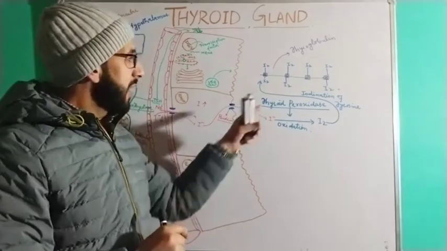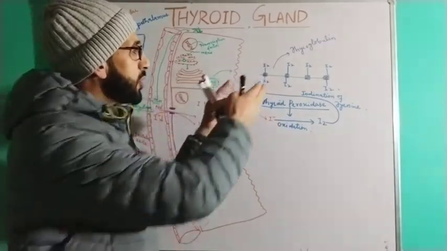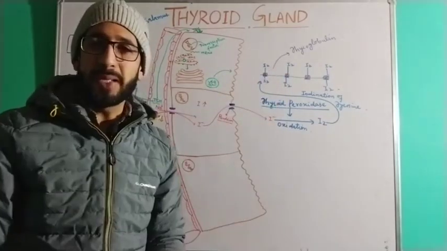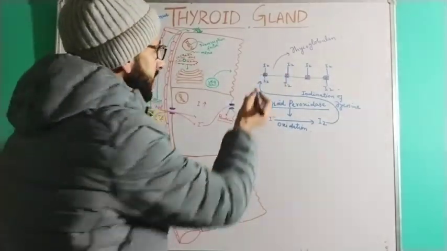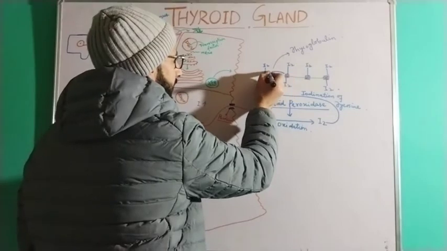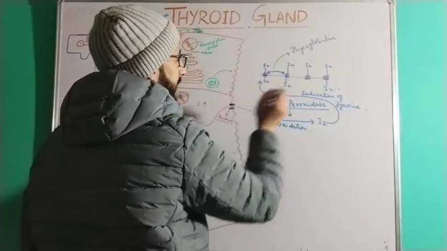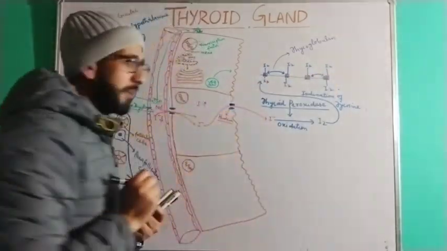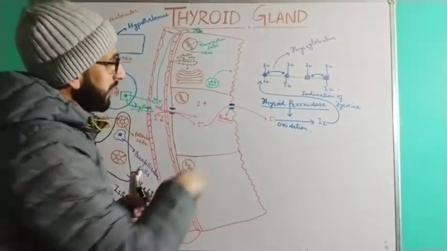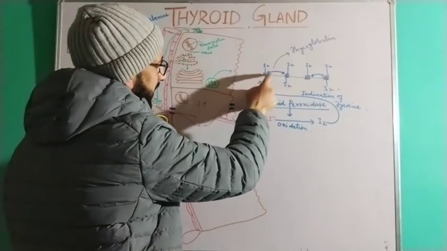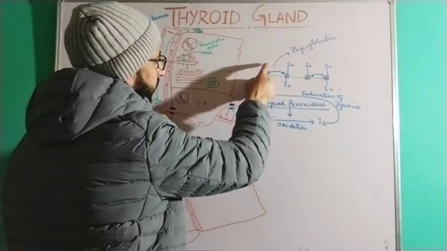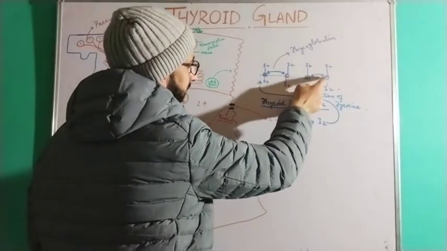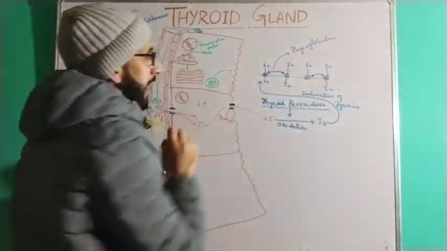And after that, this thyroid peroxidase will do the coupling reaction. It will bind these tyrosine amino acids together. Okay, suppose it binds these two tyrosine amino acids together, and it binds these two tyrosine amino acids together. Now what will happen is we will have two tyrosine amino acids along with the 4 iodine. Okay, and we will have two tyrosine amino acids here along with the 3 iodine molecules.